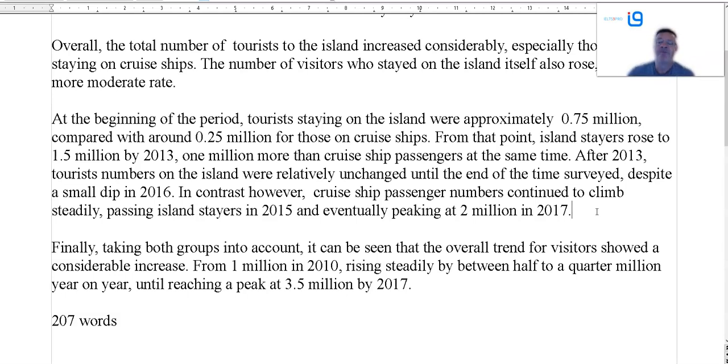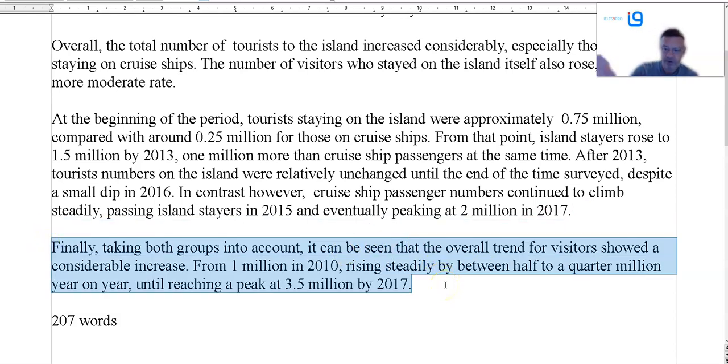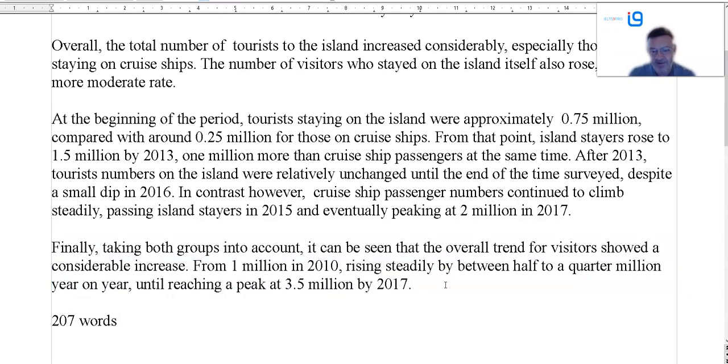So it's not every single year. They don't expect you to do this year and this year, every single year. It's only the key features, the key bits of information they expect you to record. And finally, just the general overall trend showed a considerable increase, etc. And I think that would work quite well.